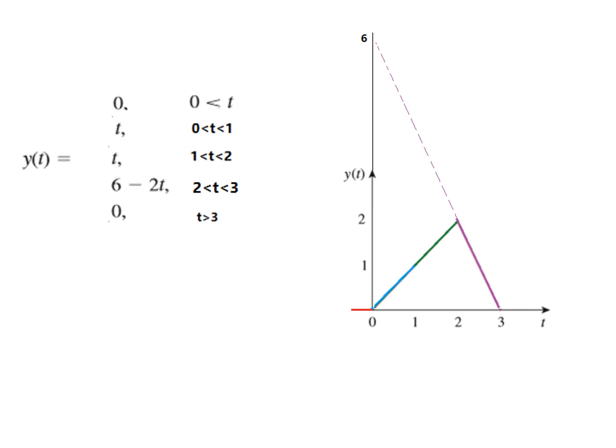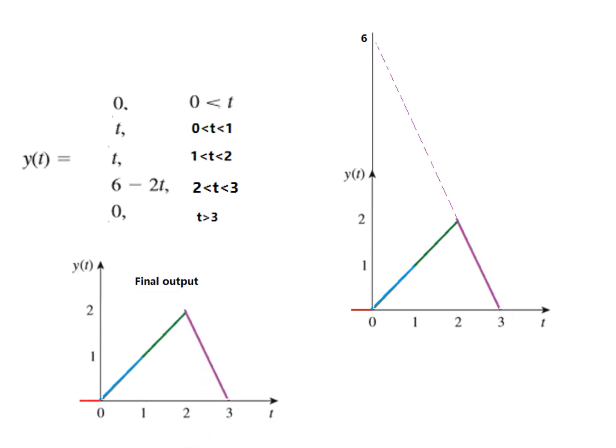And if you extend this, it will touch 6 on the vertical line. So this is the y-intercept, 6 minus 2t. And finally, for greater than 3, it is 0. So we conclude that the final output will look like this, and 0.